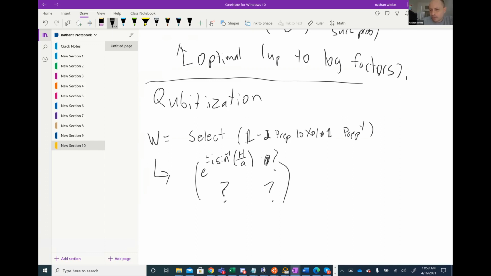Unlike the previous approach, where you truncate the Taylor series, this approach has no error.